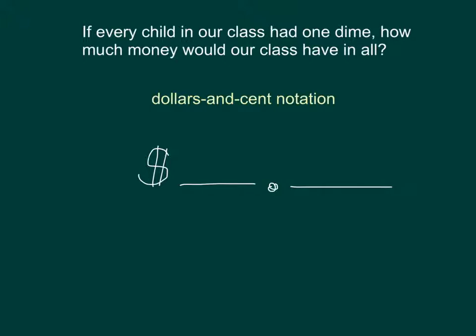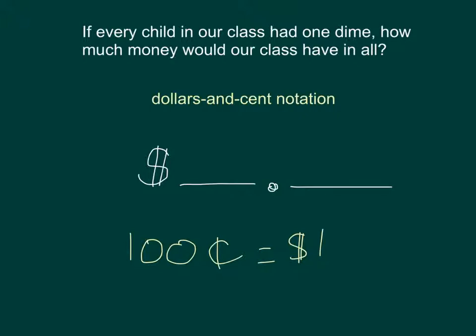Now, when I'm using dollar and cent notation, when I see or count up to 100 cents, I know that that's the same thing as $1, because there are 100 cents in $1.